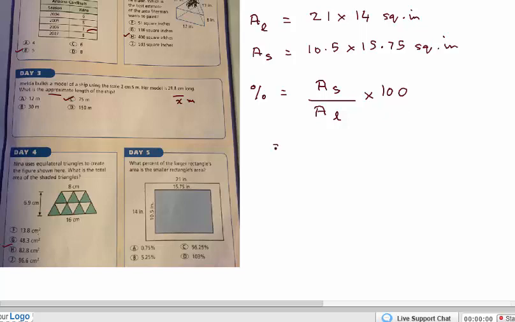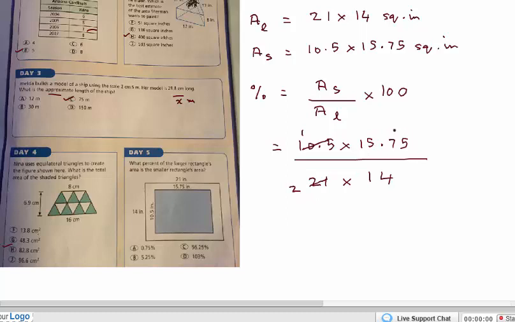So let's do that. So this is equal to 10.5 times 15.75 over 21 times 14. Now before you reach out for your calculator, there's one simplification you could do. 10.5 times 2 is 21. Therefore cross this one off, write a 1 here, cross this one off, write a 2 here.